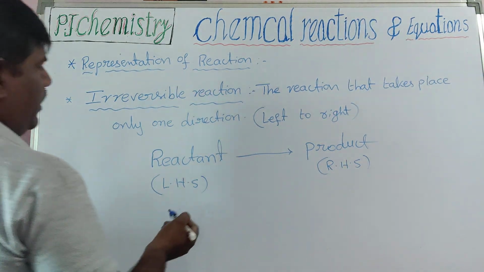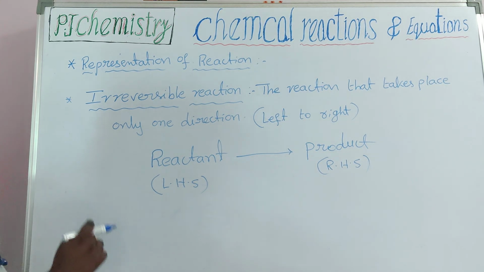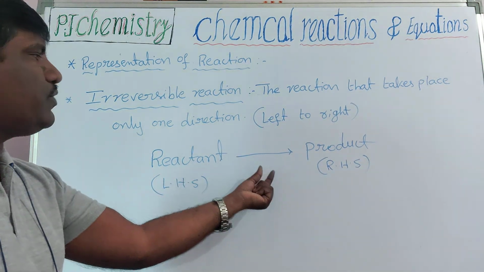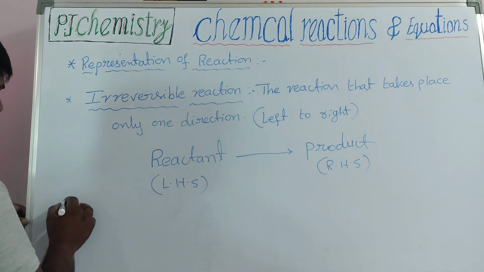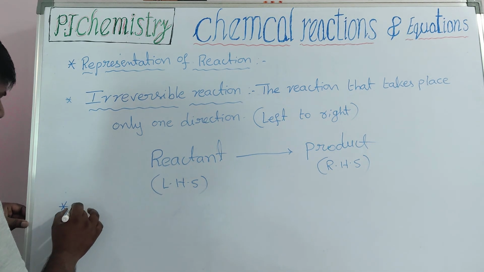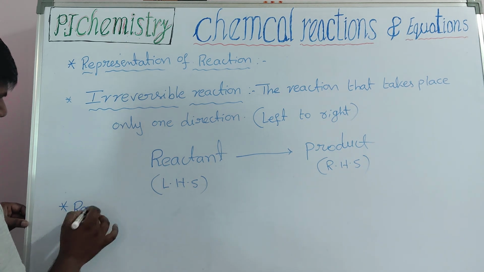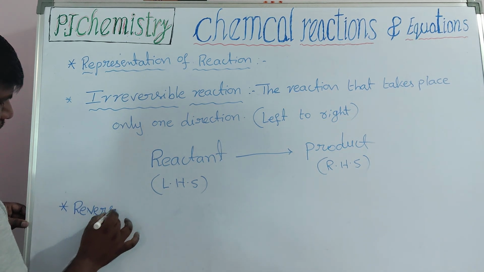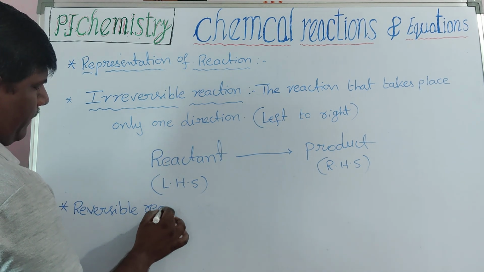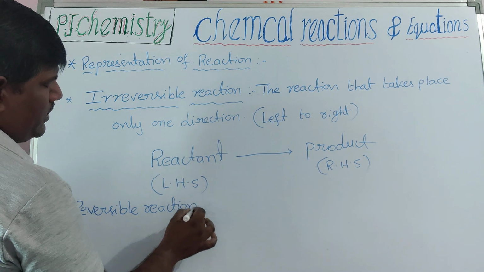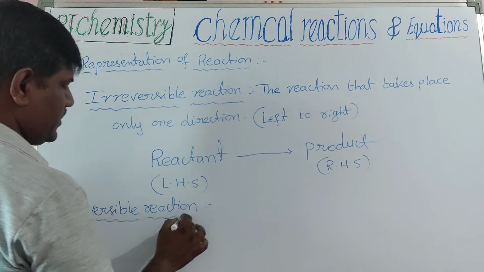Now, for an irreversible reaction we use only one arrow symbol. If it is a reversible reaction, what is meant by a reversible reaction first?